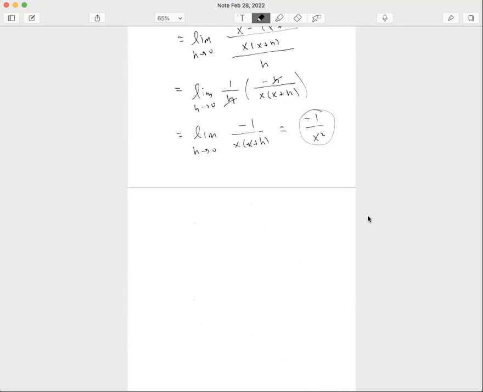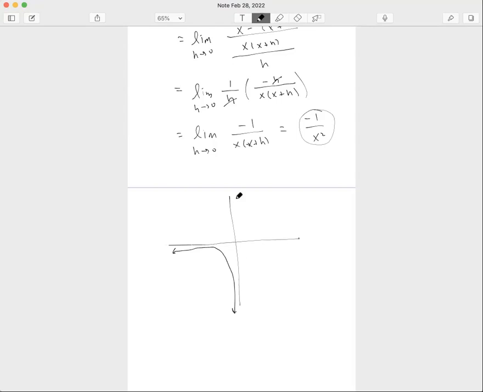Just by the graph too, but even look at this: x squared is always positive, and then negative 1 is always negative. So negative 1 over x squared.